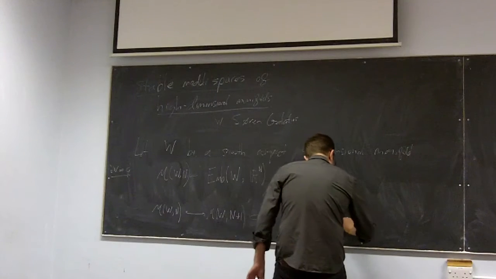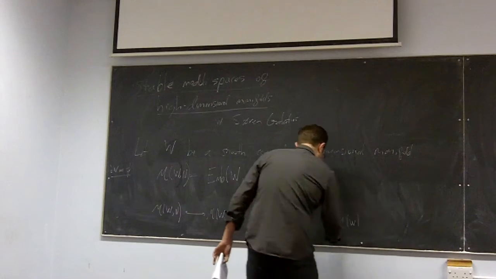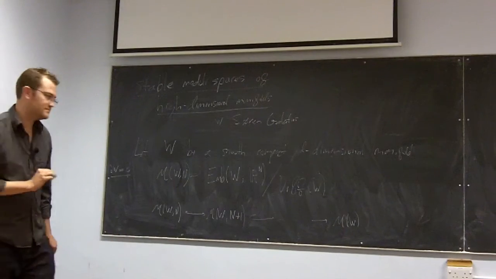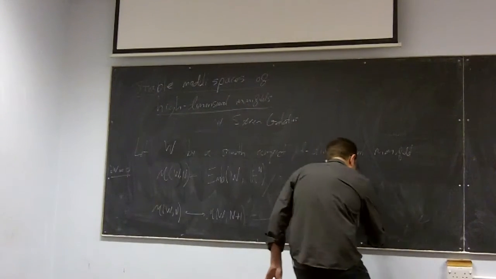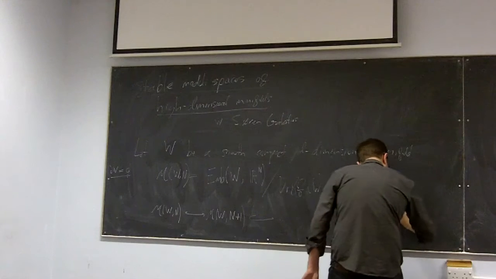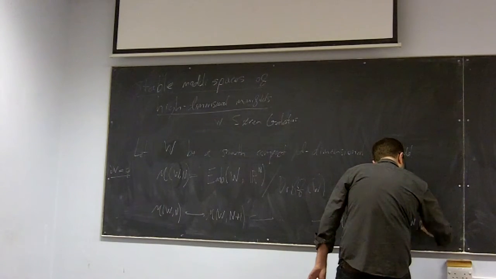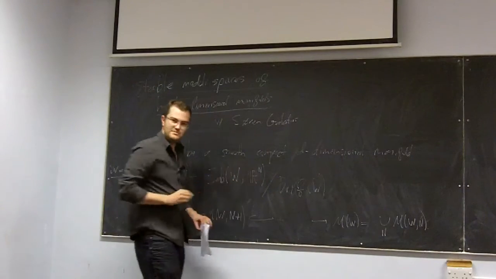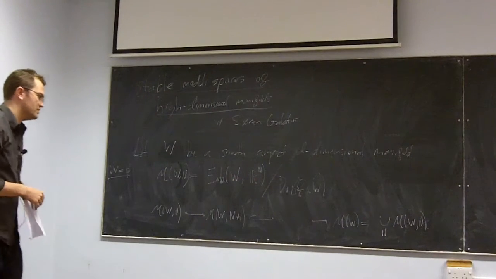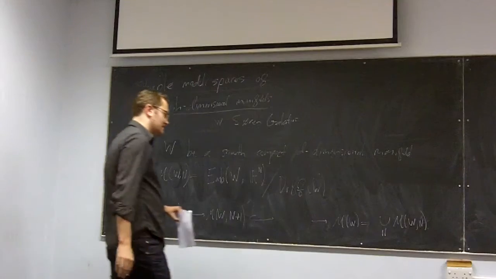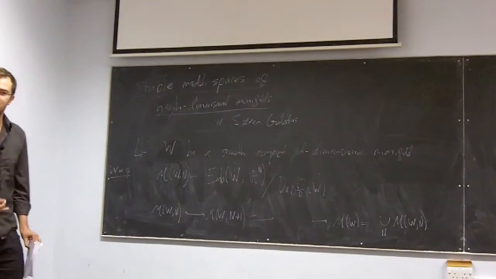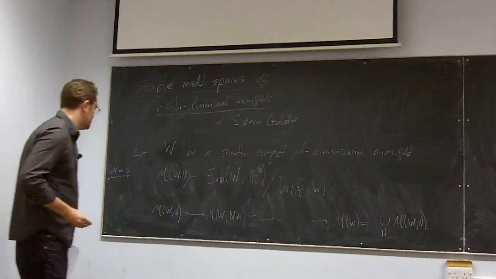And I define MW to be the union of these under these inclusions. With the topology, with the colimit topology as well. Okay, and this is what I claim to you is a possible definition of the moduli space of manifolds of the type W.